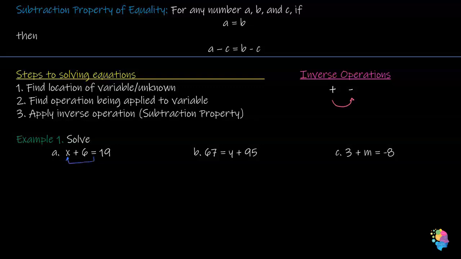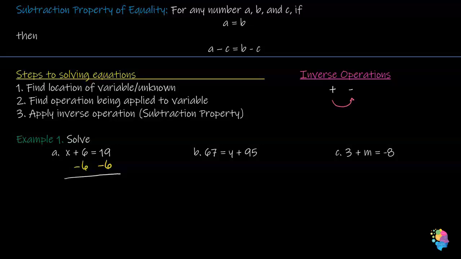So then what I'm going to do is I'm going to only look at the left side and see what operations are being applied. In this case, it's being added by 6. So then, since 6 is being added to x, I'm going to subtract 6 from both sides. I'm doing the inverse operation. The opposite of addition is subtraction.